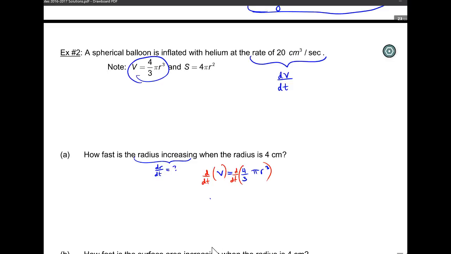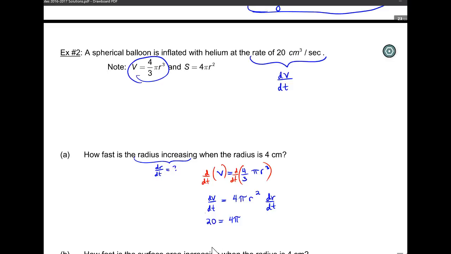On the left side, I get dV dt. On the right side, I get to use power rules, so the 3 goes in front, the 3's would cancel, so I get 4 pi, and then r squared, and then dr dt. Now we get to substitute some values in. So dV dt I was given, that's 20. 4 pi, that's just a constant, that's a coefficient, excuse me.